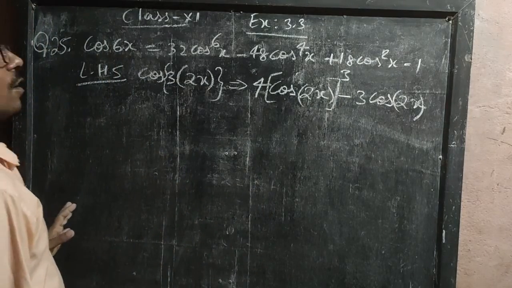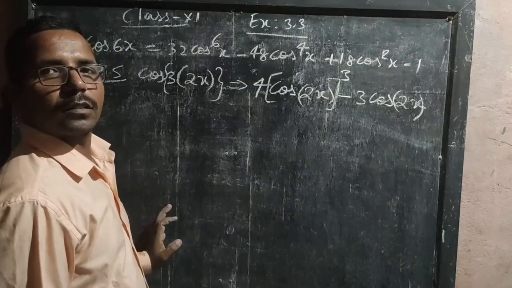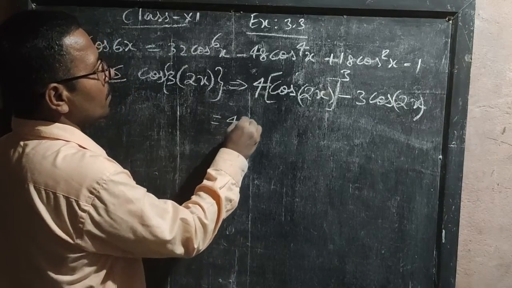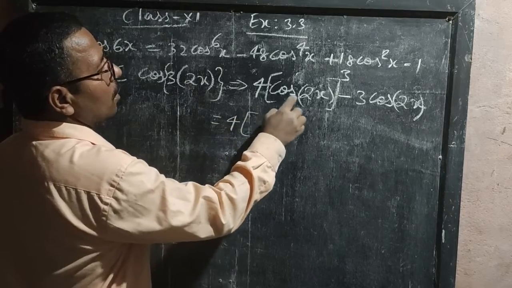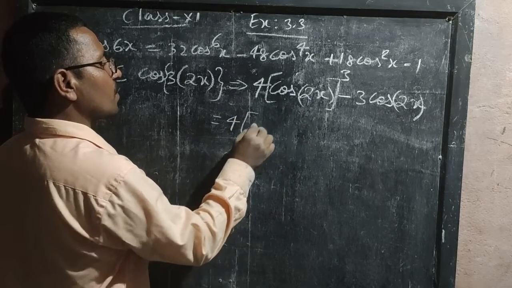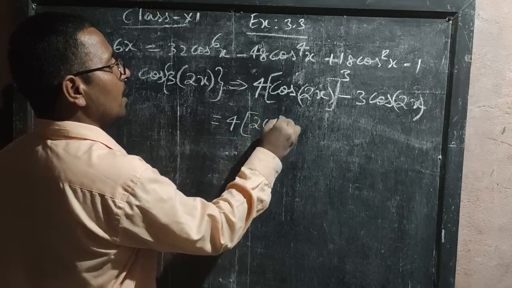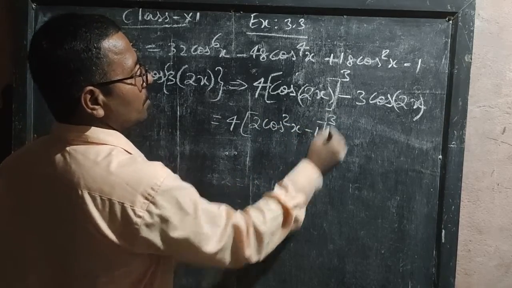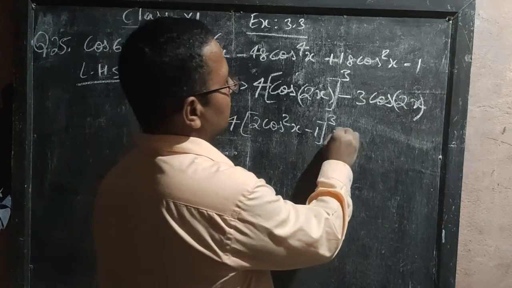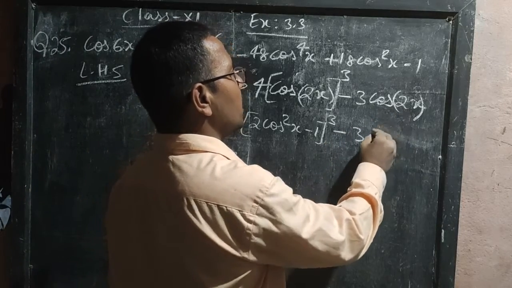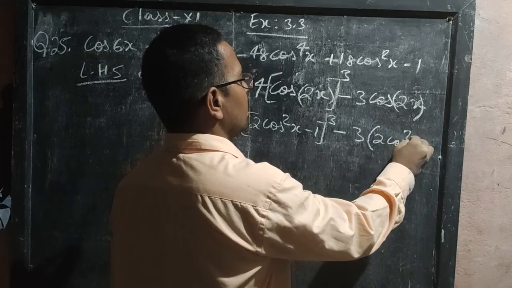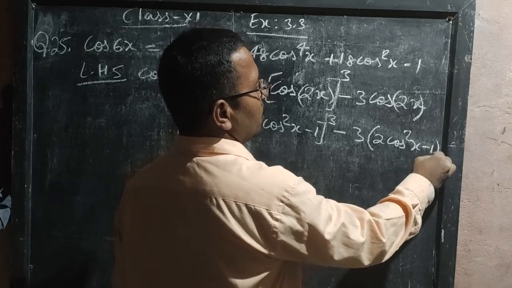So use the cos 2 theta formula, that is 2 cos square theta minus 1. So 4 times cos 2 theta, that is 2 cos square x minus 1, whole cube. Minus 3, again cos 2 theta, the same formula, 2 cos square x minus 1.